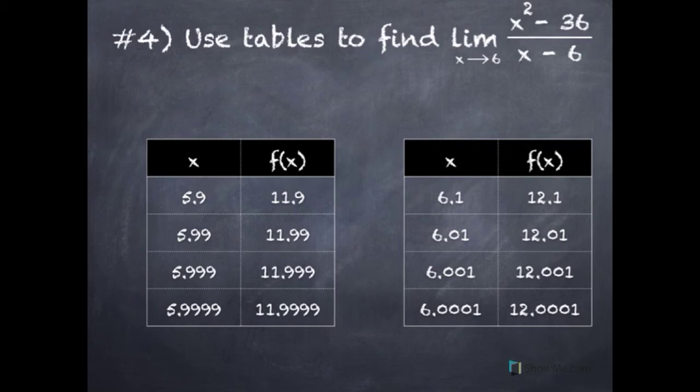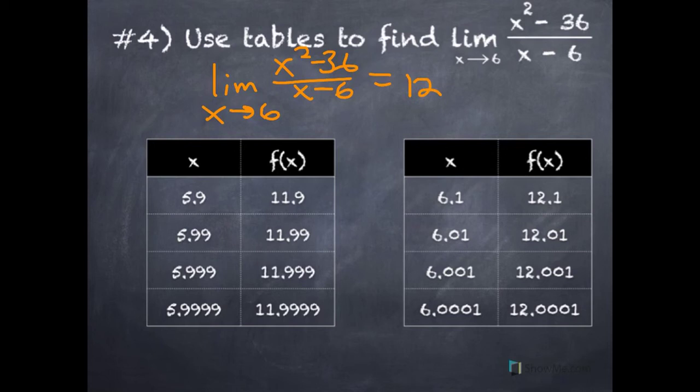Looking at the y values in the second table, getting closer and closer to 12. So the limit of (x squared minus 36) over (x minus 6) as x approaches 6 is equal to 12. As x gets closer to 6, y is getting closer to 12.